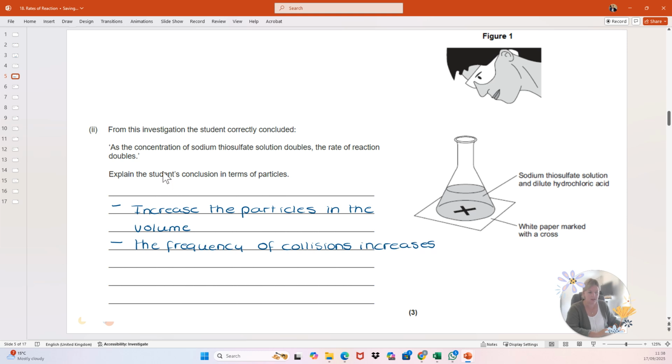Okay, so yes, the reaction is going to go faster because we've got more particles in there and more collisions. So now we've got to explain, well, as the concentration doubles, the rate of reaction doubles. Well, yeah. So as we double the number of particles, we've got double collisions.